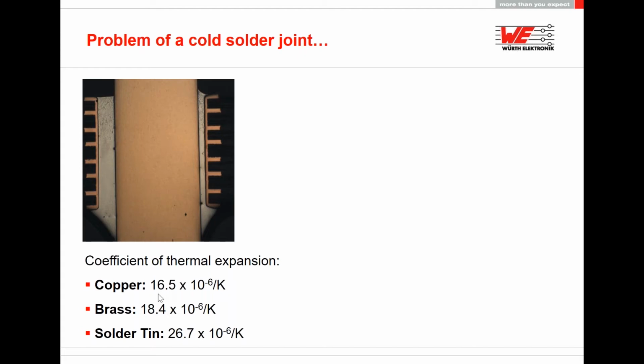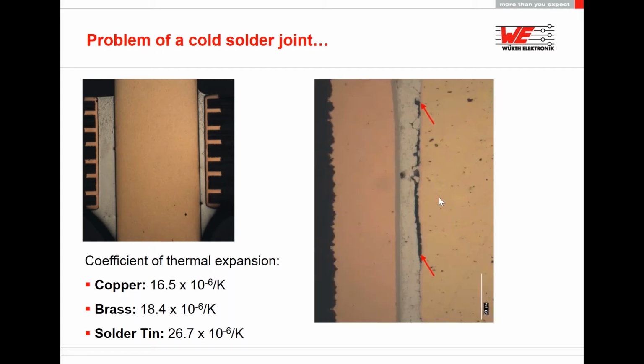As we can see here, the coefficient of thermal expansion for copper and for brass as a copper alloy is quite similar, but the coefficient of thermal expansion for solder tin is completely different. When we get a lot of thermal cycles, the expansion is different, and after these cycles we can get a cold solder joint, the result of many expansions, and finally the solder joint breaks.